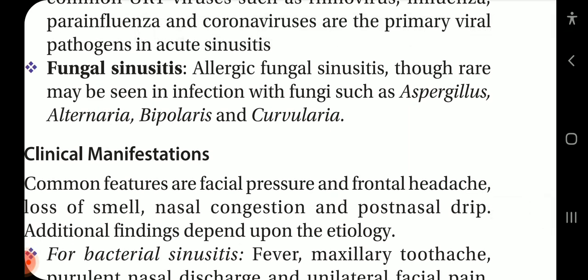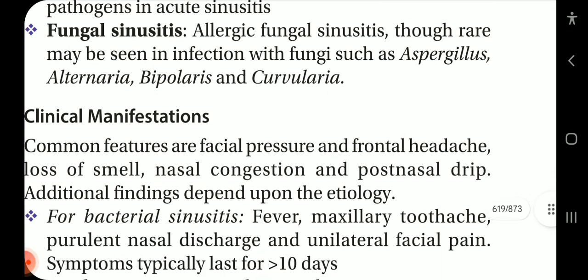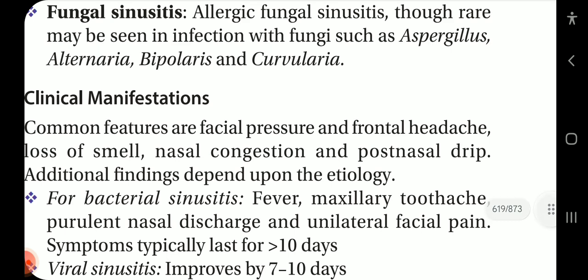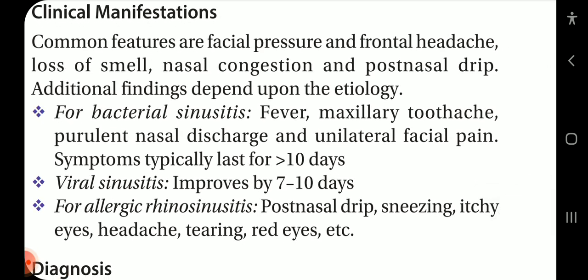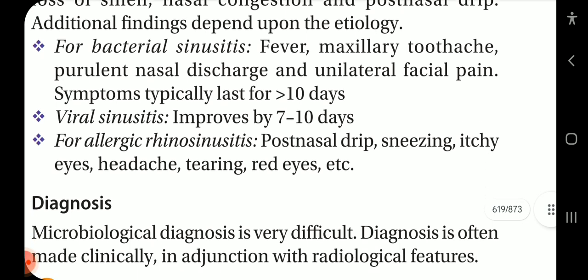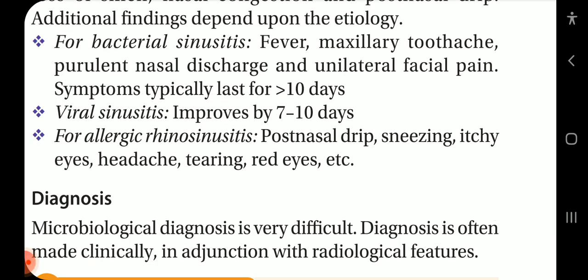Fungal sinusitis. Allergic fungal sinusitis, although rare, may be seen in infection with fungi such as Aspergillus, Alternaria, Bipolaris, and Curvularia. Clinical manifestation. Common features are facial pressure and frontal headache, loss of smell, nasal congestion, and post-nasal drip. Additional findings depend upon the etiology. For bacterial sinusitis: fever, maxillary toothache, purulent nasal discharge, and unilateral facial pain.